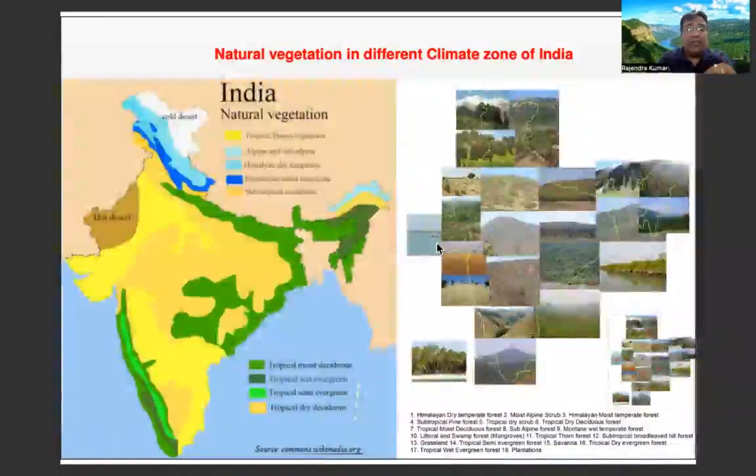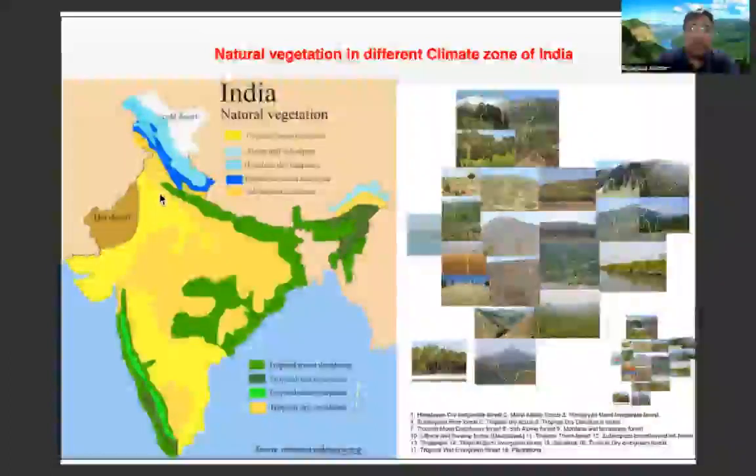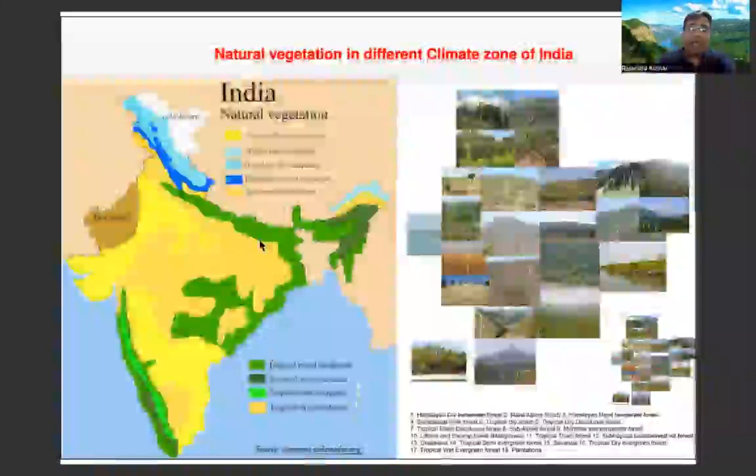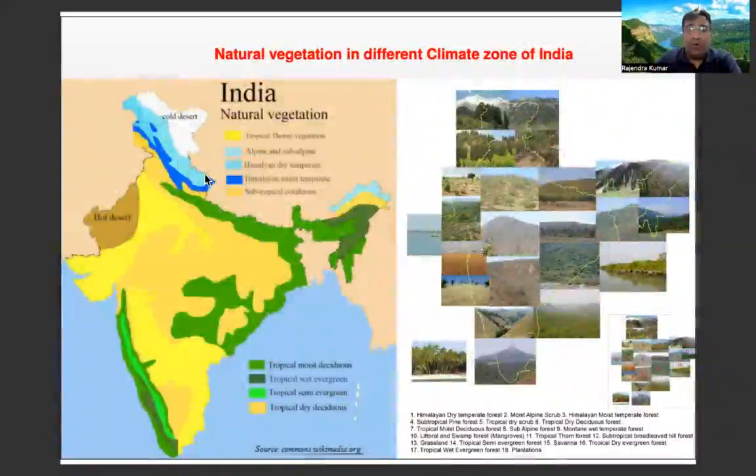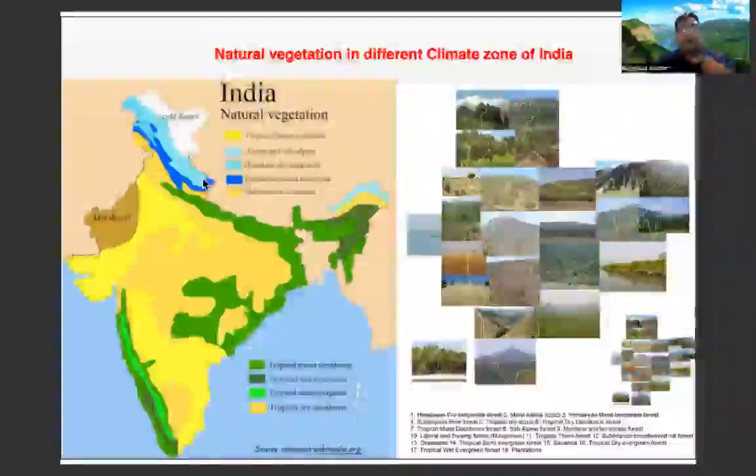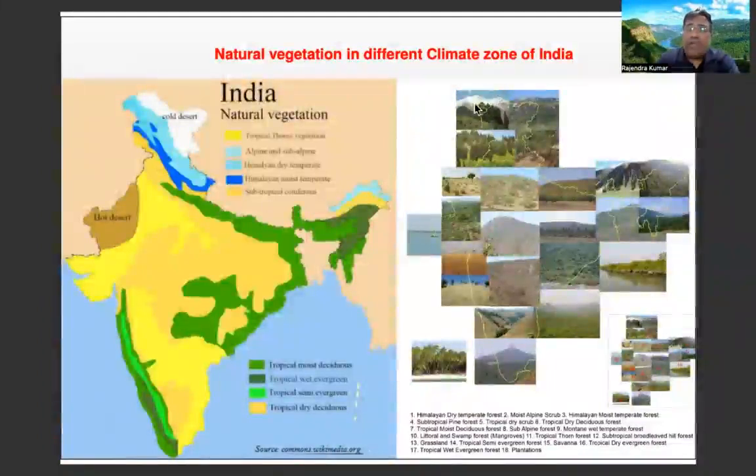So talking about natural vegetation in India, you can see tropical thorny vegetation. Then you can see alpine and subalpine, which is more in the colder region of India, on the top of the Indian map. That's Kashmir and that region. And here you can see subtropical also.